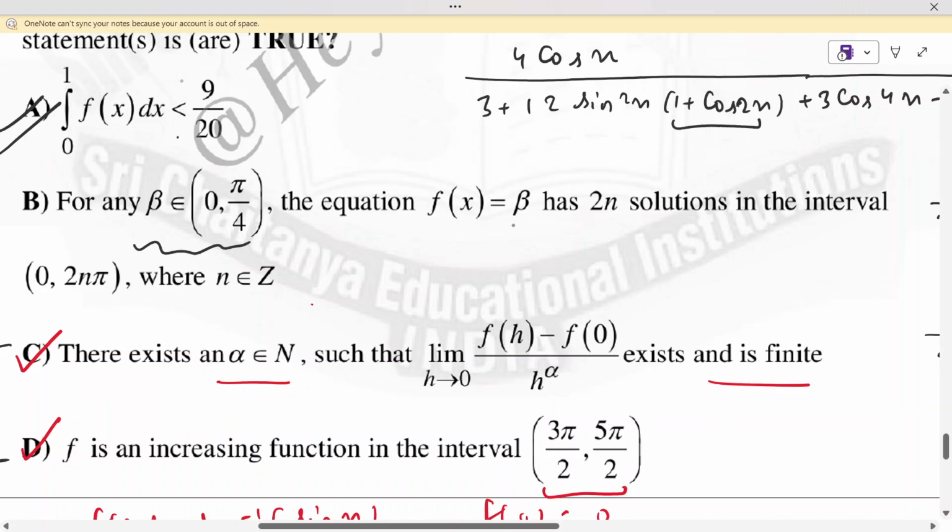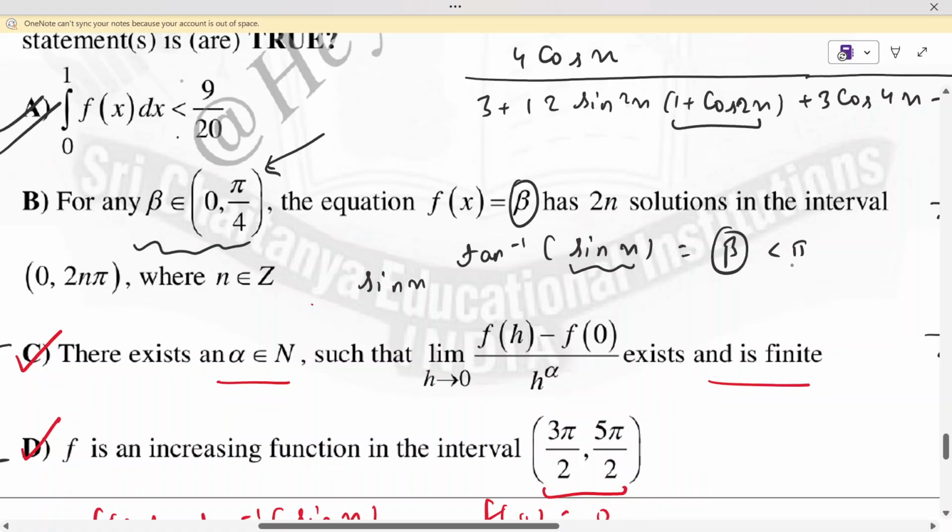For any beta belonging to 0 to 4, x equal to beta, the first value from 0 to 4 is equal to our sin x value. And beta is some value, okay? This sin should have some value equal to ours, right? Because when it is between 0 and less than 4, I can take tan on both sides, because the function is increasing.